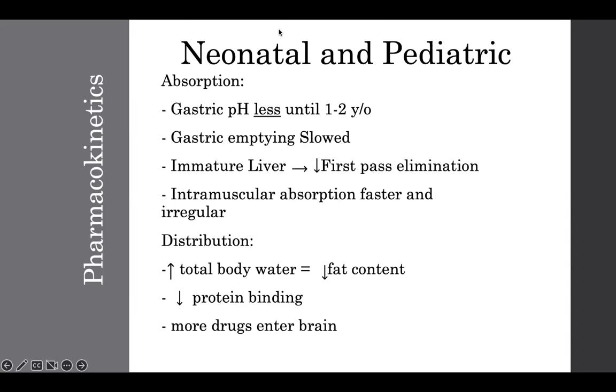So with first pass in infants, it's the same to an extent as first pass effect that you would see in an adult, except the infant does not release as much or excrete as much of the drug within the GI tract, because their GI tract is slowed down compared to an adult's GI tract. So they get more of the medication absorbed than the adults do. Does that help at all?